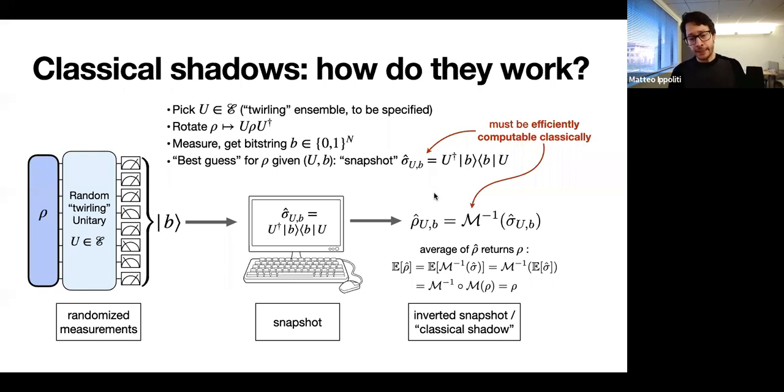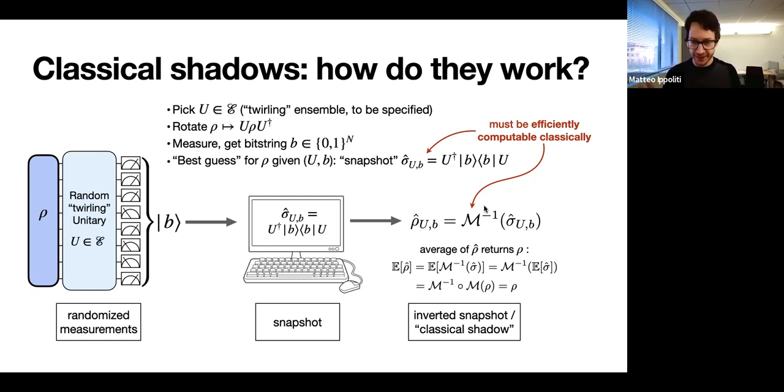In particular, it's important to note here that both steps, so both the multiplication of the basis state by U and the action of this inverse channel, happen in classical post-processing, and therefore must be efficiently computable. We can't have, for example, U be a completely dense random matrix, because we couldn't store this on a computer. We couldn't act with it on a state.